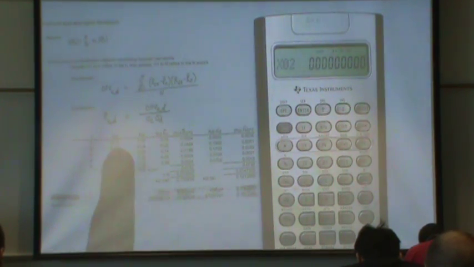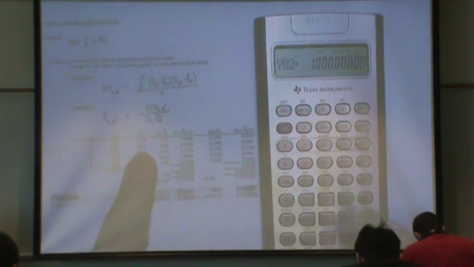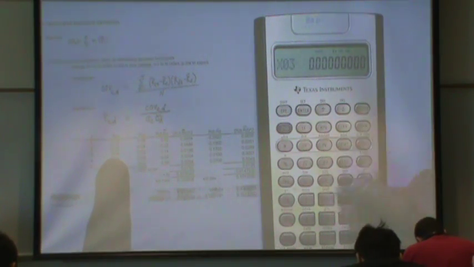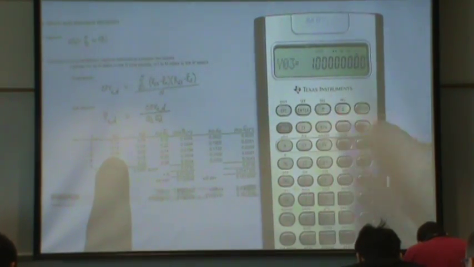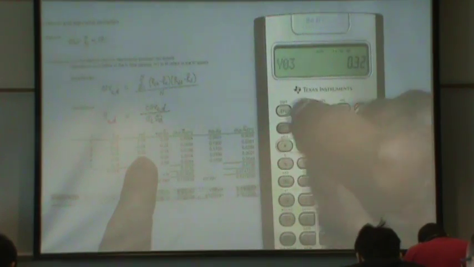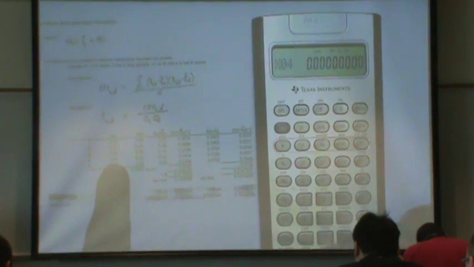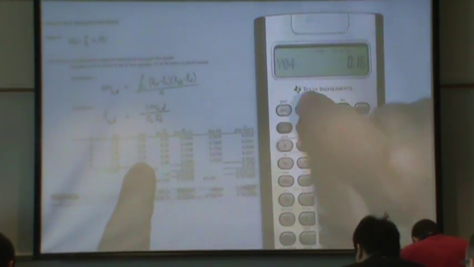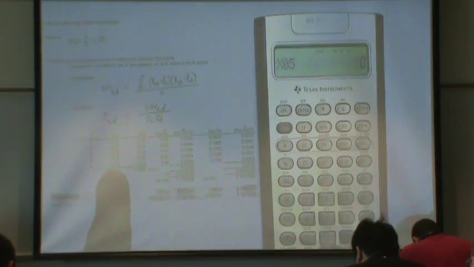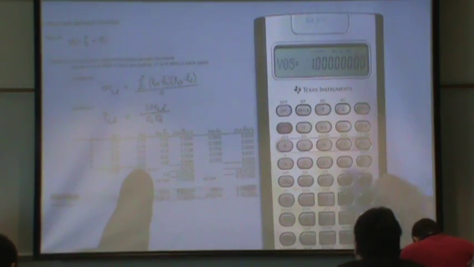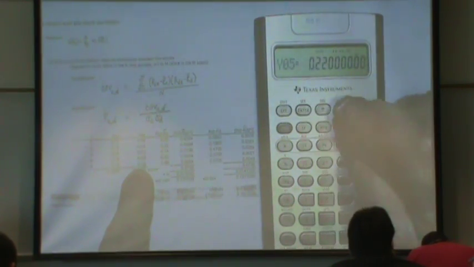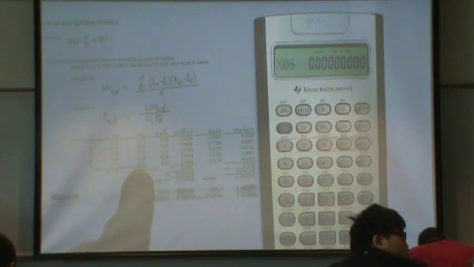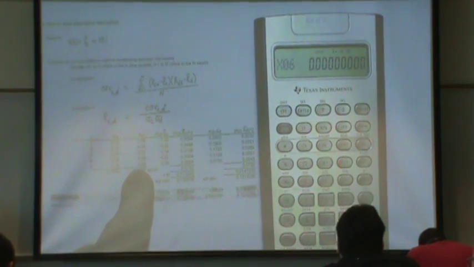So right now, I'm waiting for X2, 0.12, change signs, enter down. 0.04, change signs, enter down. 0.24, enter down. 0.32, enter down. So when you get to X06, you're finished.